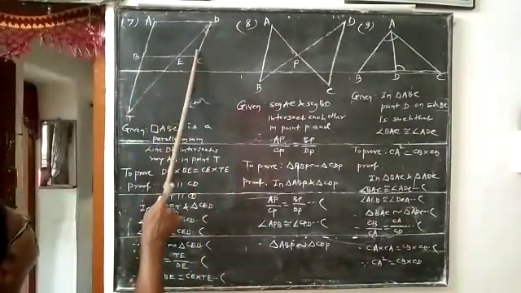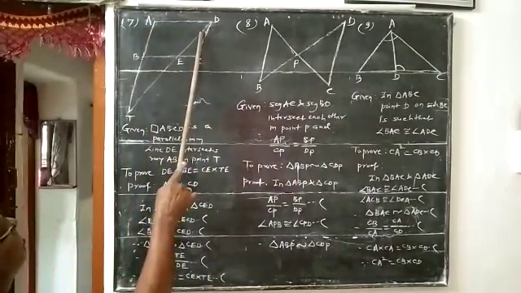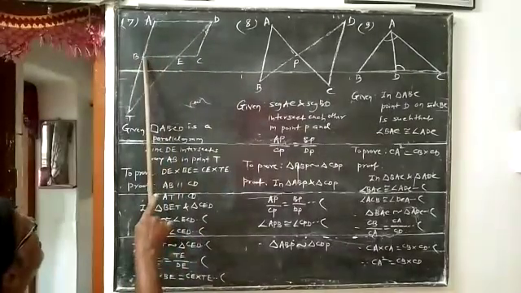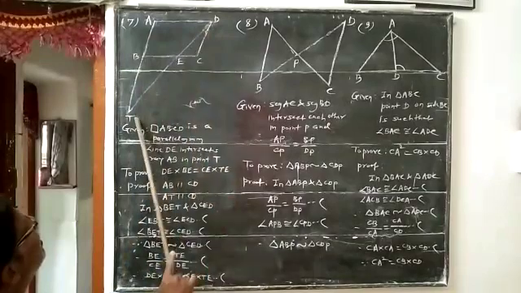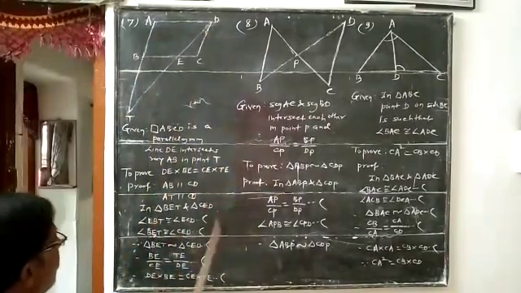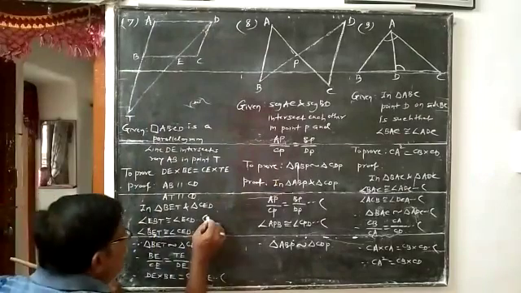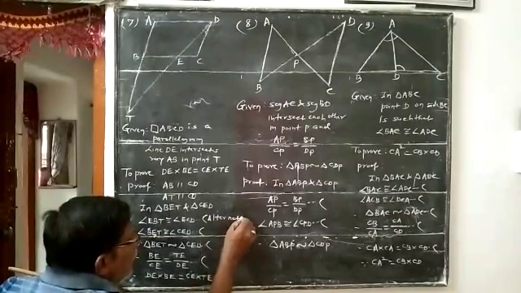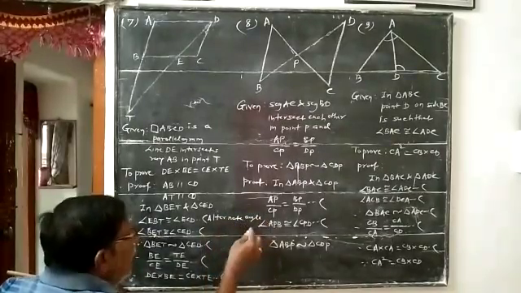We can take this angle and this other angle also, but we are showing only two pairs of congruent angles. So angle EBT is congruent to angle ECD, alternate angles congruent.